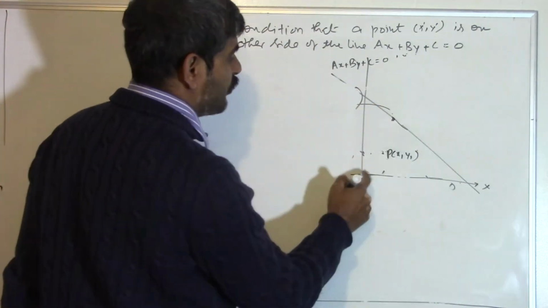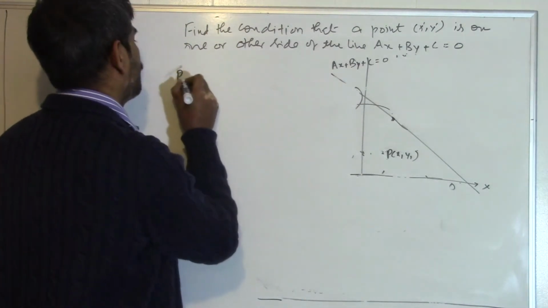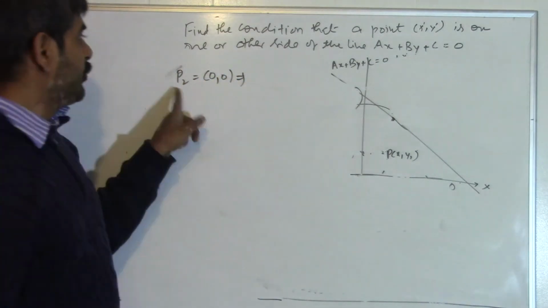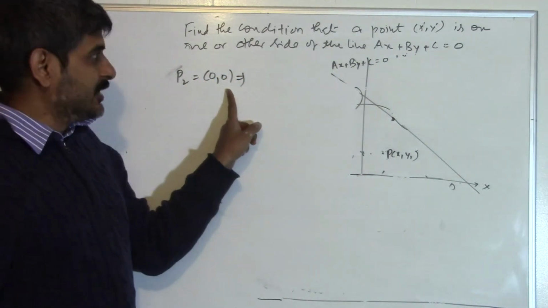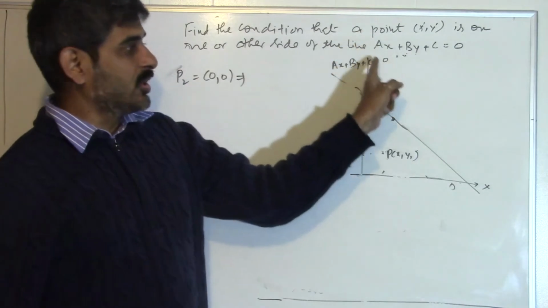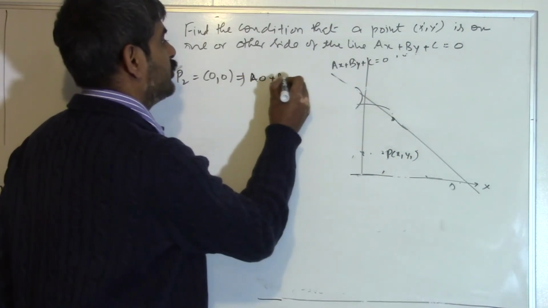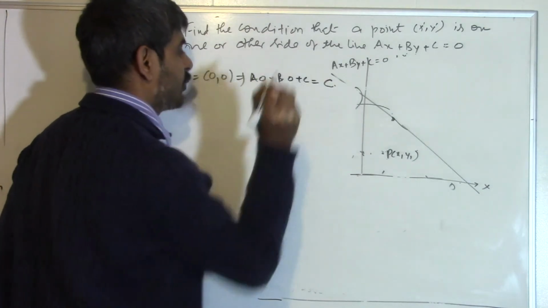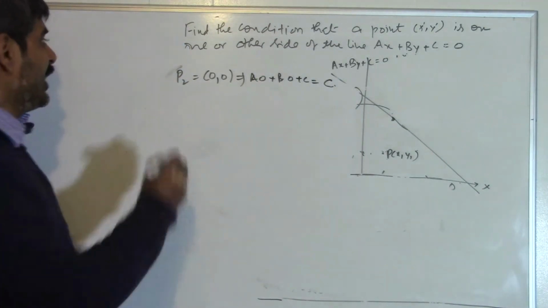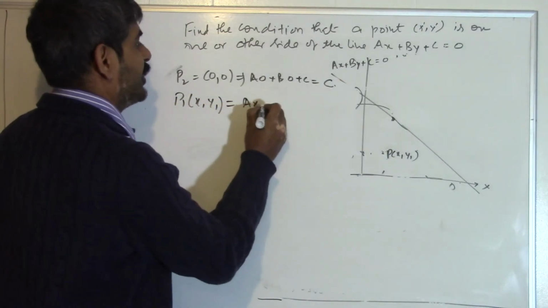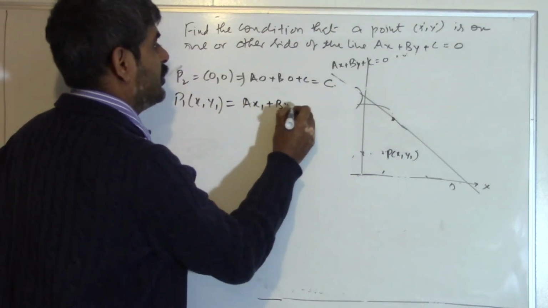The x2, y2 for us is now the origin. So P2 point is 0, 0. And in that case, when we evaluate this whole thing, we get A into 0 plus B into 0 plus C is equal to C. And then our P1 point is x1, y1, and when we evaluate it, we get ax1 plus by1 plus c.